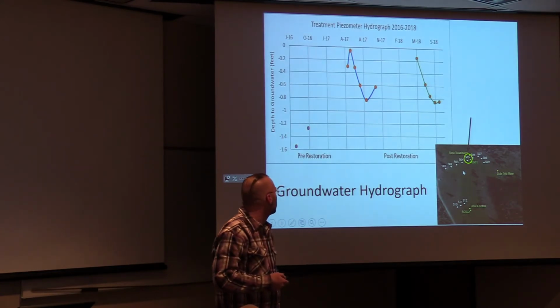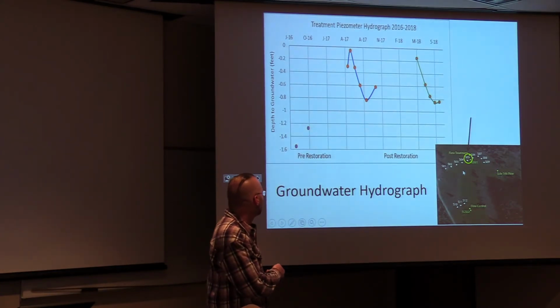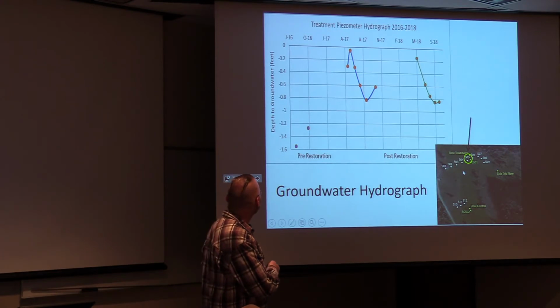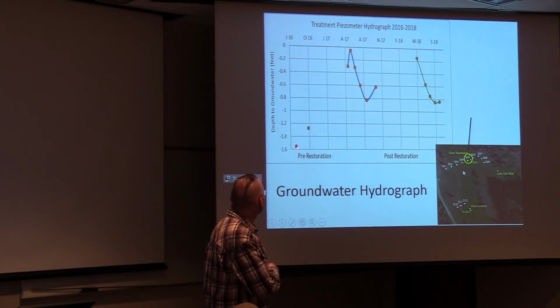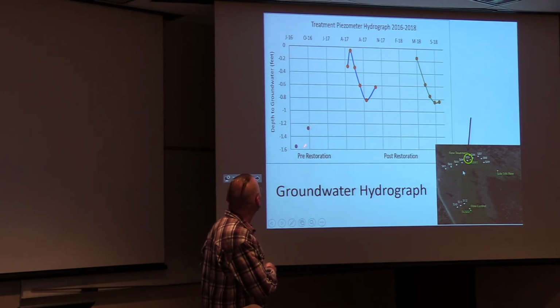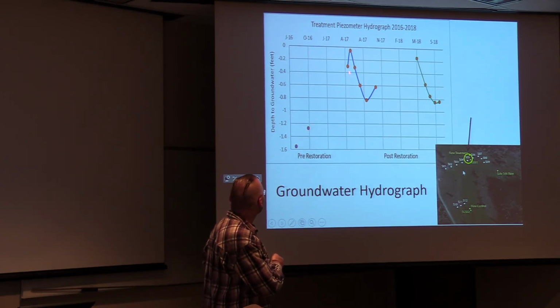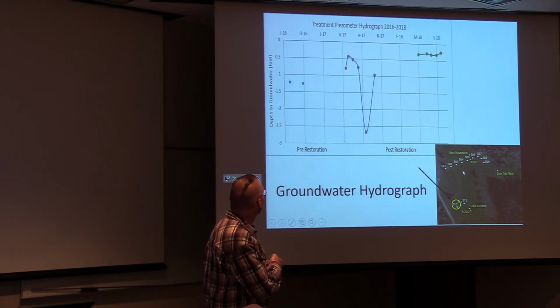I'm going to blast through these three slides since we're basically out of time. They show that pre-restoration, in July and October of 16, water levels go up in a well right next to the river.